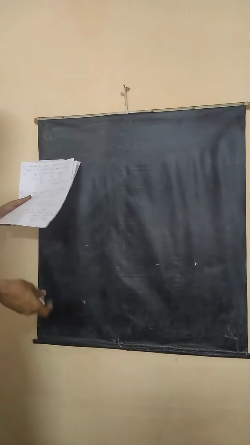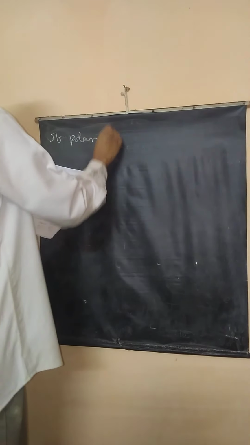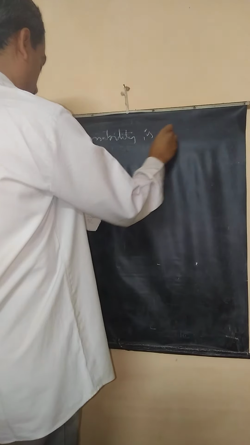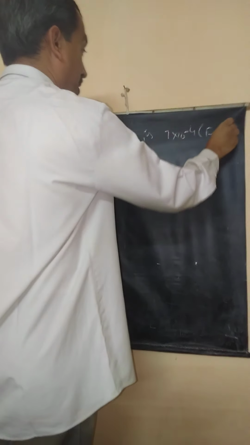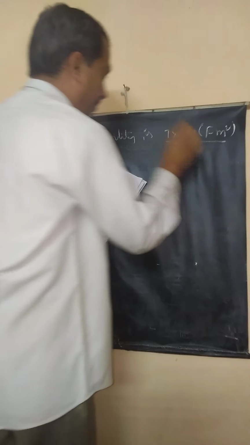If polarizability is 7 into 10 power minus 4 farad meter square. So it is farad per meter square, this is alpha.